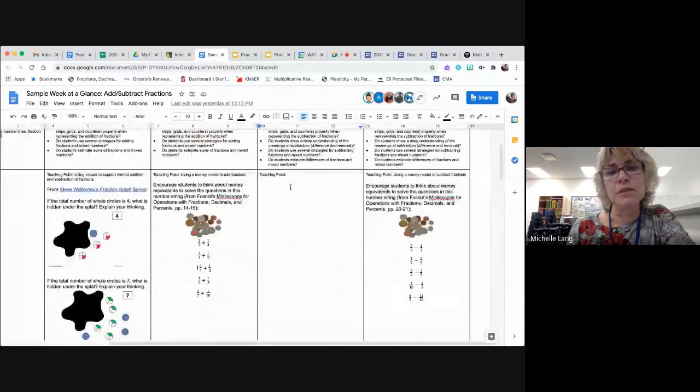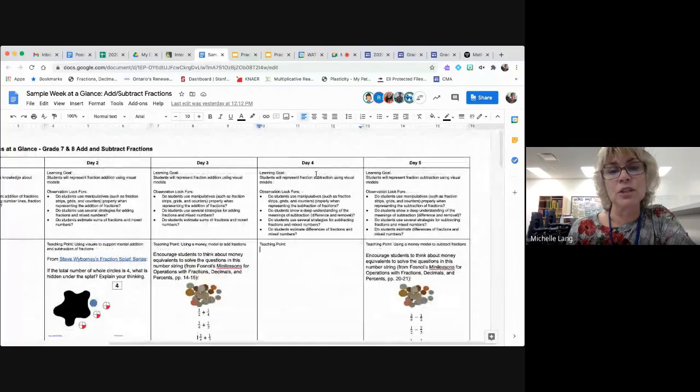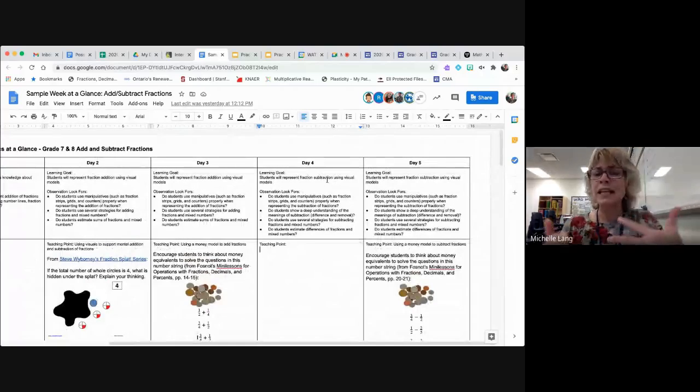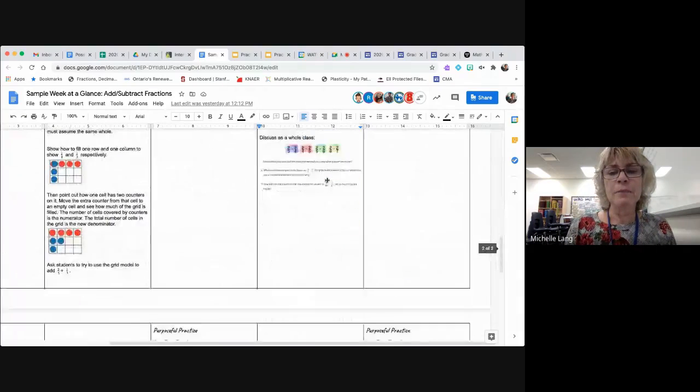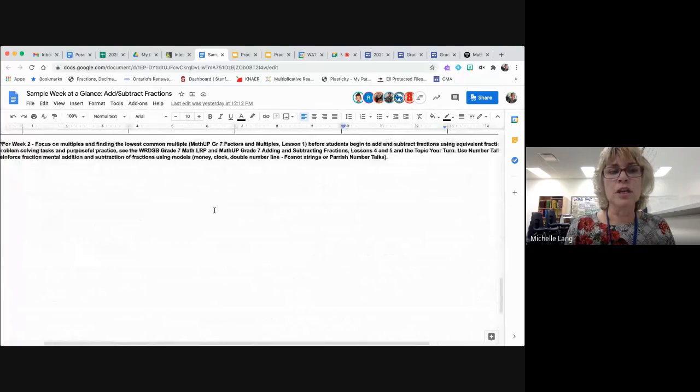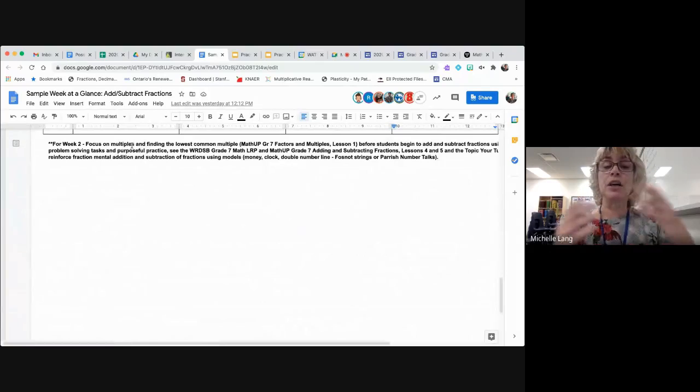And then I've done the same thing with the next Math Up lesson that focuses on subtraction. And making that connection between addition and subtraction is important. So then the following week, I might then use some other models. So focusing on finding multiples and finding lowest common multiple, I might use the number line to get me going on that, to look at those common wholes.